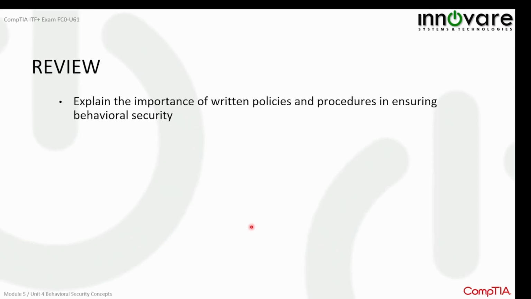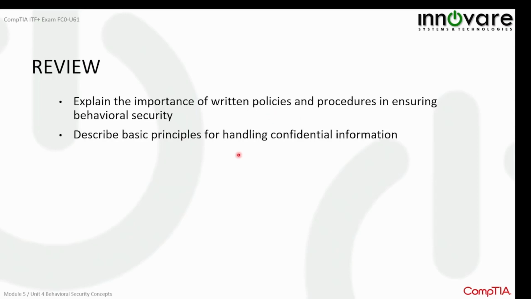So in this unit, we covered the importance of written policies and procedures, especially in the operations of a company, from the life cycle of hiring an employee to termination. We gave an example to explain the significance of written policies. And then we also described the basic principles of handling confidential information, from individual to organization, company-wide, or even public information that tends to be confidential instead.